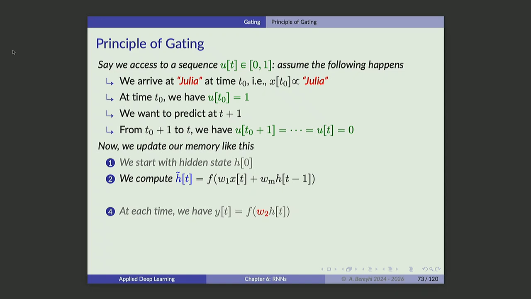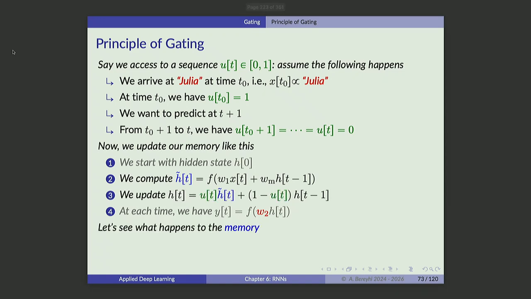But I do not directly pass this to the output. I'm going to call it h tilde, and looking at h tilde, I compute h as in line 3. I compute ht as h tilde times this auxiliary variable u, plus (1 minus u) times ht minus 1. Everybody's cool?